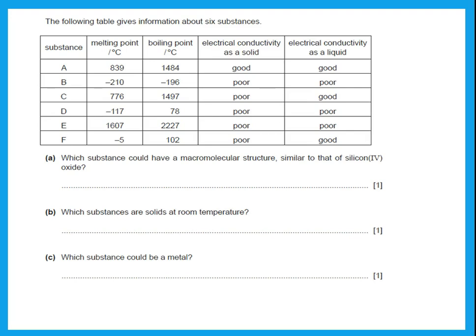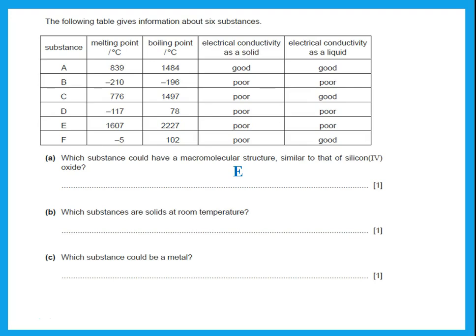So from the table, which one has a high melting point, high boiling point, and poor electrical conductivity as a solid and as a liquid? That is E. You can't choose D or B because they have low melting points.